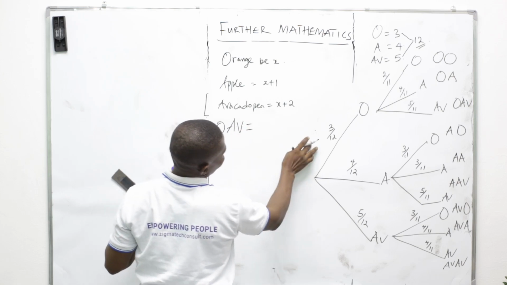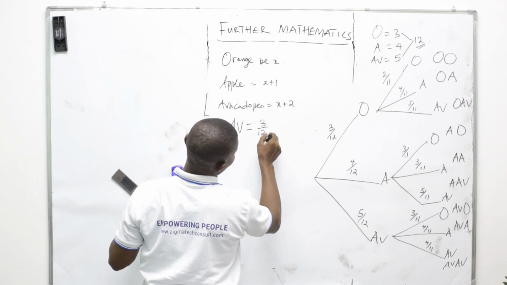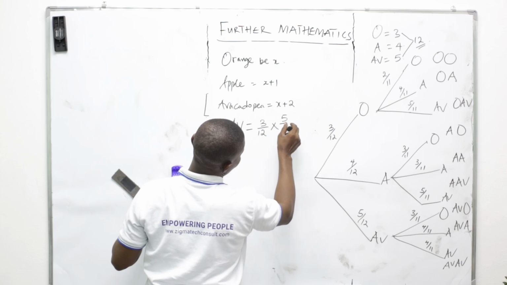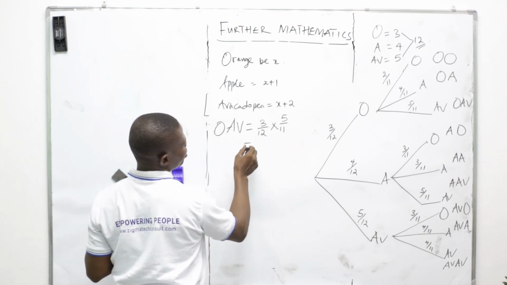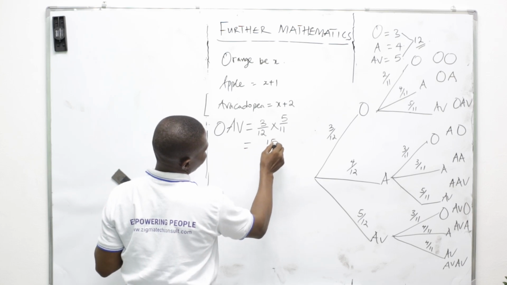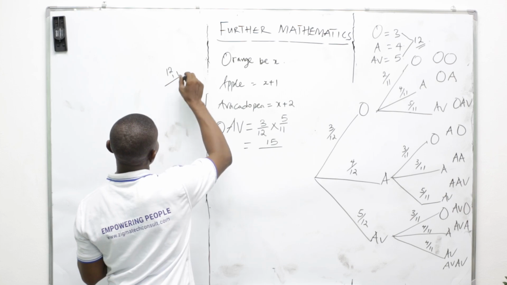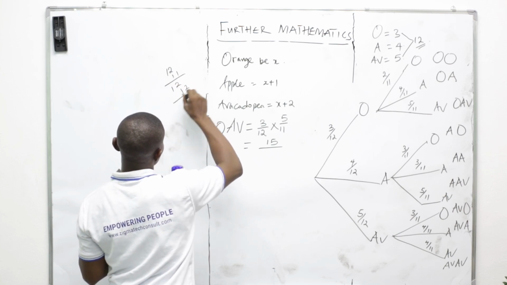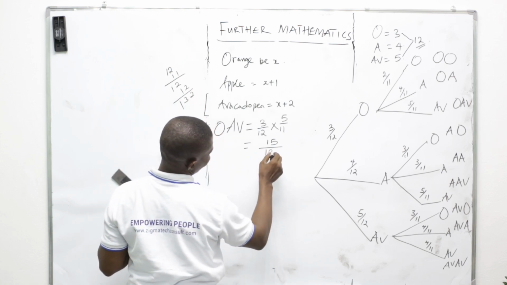What is orange? 3 all over 12 times avocado pear 5 all over 11. That is 15 all over 12 times 11, which is 132.